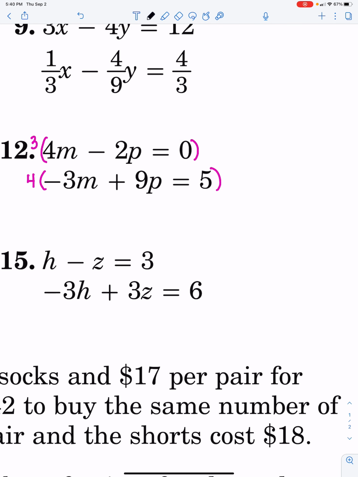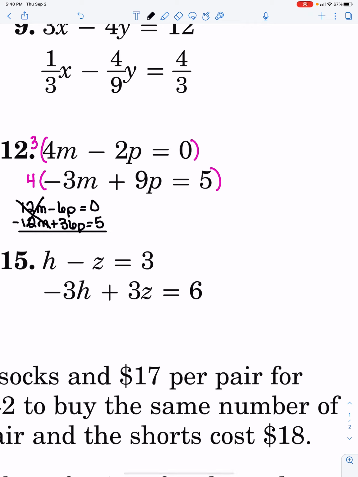So we will have, for equation A, 12m minus 6p equals 0, because 3 times 0 is still 0. Then I've got negative 12m. 4 times 9p is positive 36p, is equal to 5.